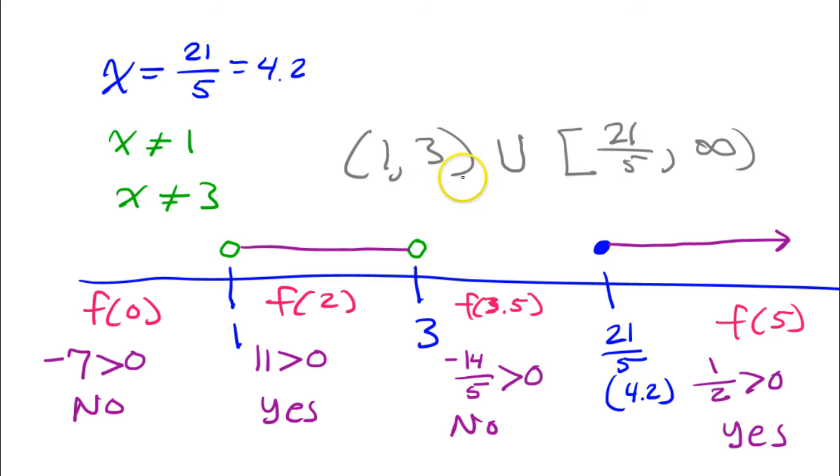All right, notice the parentheses and the bracket. I use parentheses here because of the open circles, not included. I use the bracket whenever I have a closed circle because both of these mean including the endpoint. But this is the final answer.